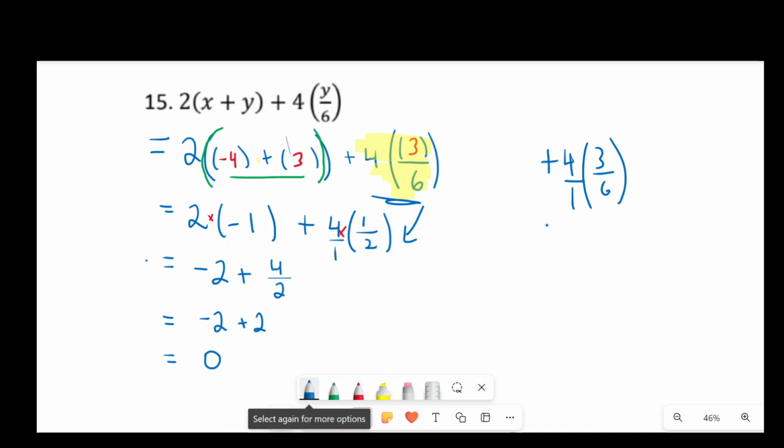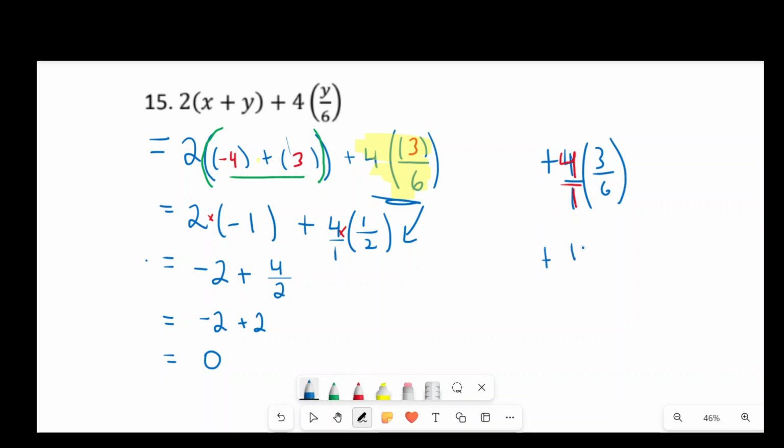So what I could have done is I could have done multiply by that fraction. So instead of thinking of it as 3 divided by 6, if I had sort of mentally said, well, that's the fraction 3 over 6, and what am I doing to the fraction? I'm multiplying by 4, then I could have approached this in this way. So I'm going to multiply 4 times the fraction, and as we talked about already, that means I'm really multiplying 4 over 1 times 3 over 6.